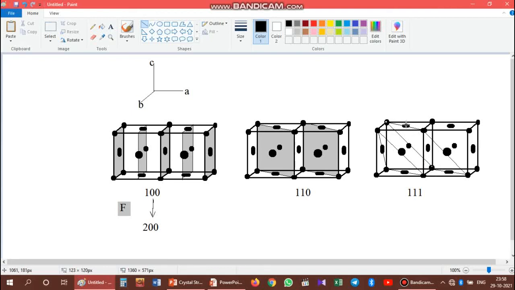In this parallelogram also, the left top face center, the right front face center, the right bottom face center, and the left back face center are being covered. Not only that, the common face between the two, that is the right face of the left cube and left face of the right cube, its center is also being covered when this parallelogram is drawn.